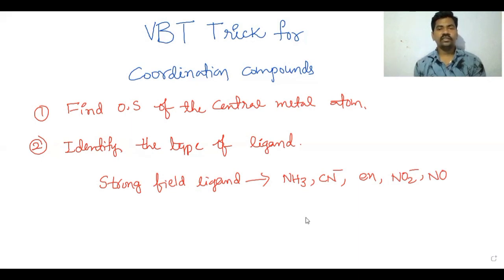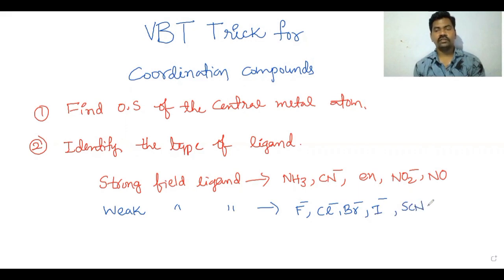And weak field ligands, for example: F minus, Cl minus, Br minus, I minus, thiocyanate ion SCN minus, OH minus, H2O. These are all examples of weak field ligands.